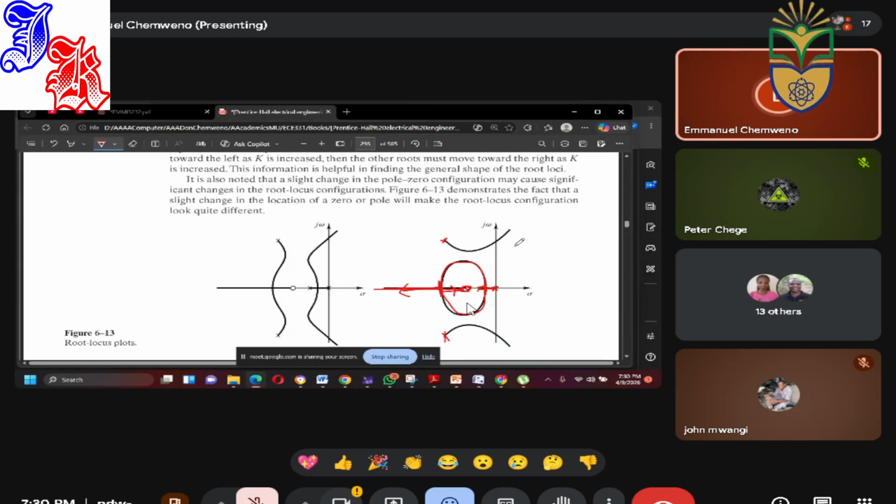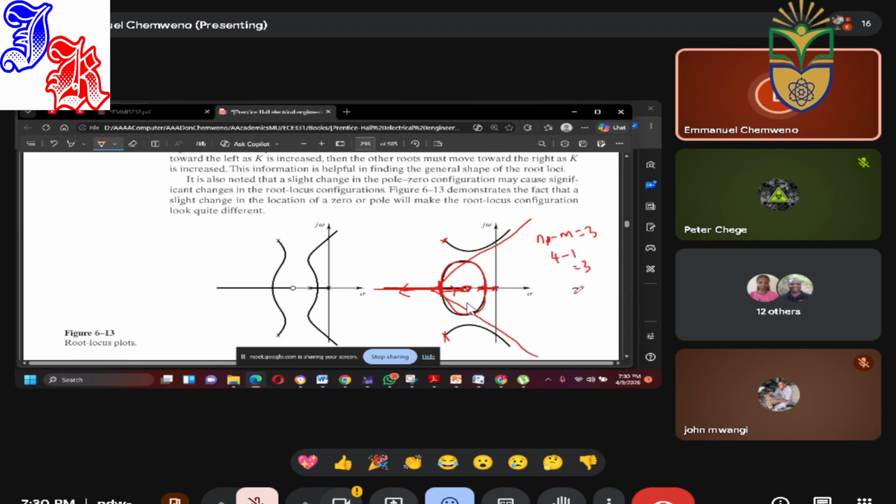We also have locus. We should have also gotten the asymptotes. Most likely the asymptotes will have been like that, because number of poles minus m is equal to 3. This is 1, 2, 3, 4. 4 minus 1 is equal to 3.